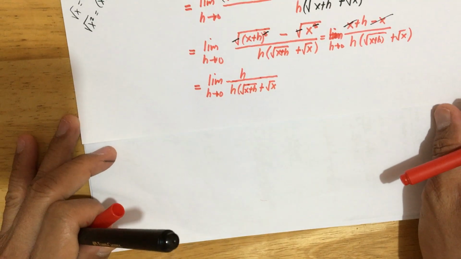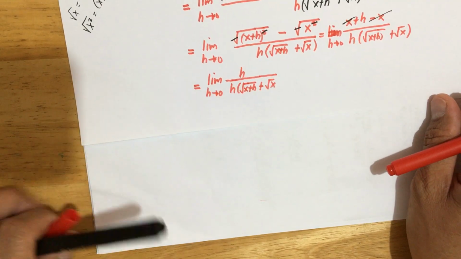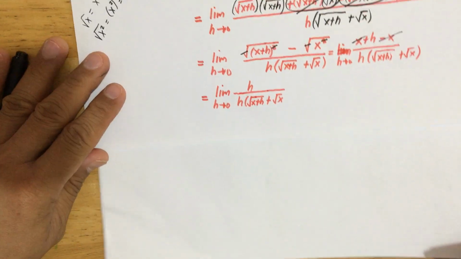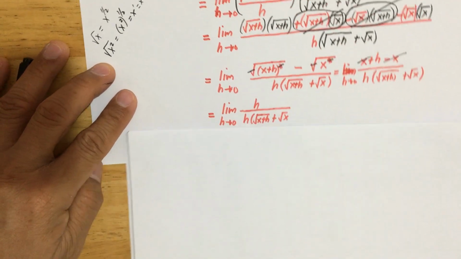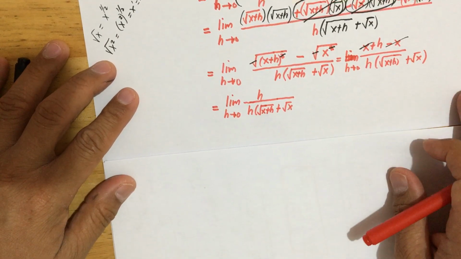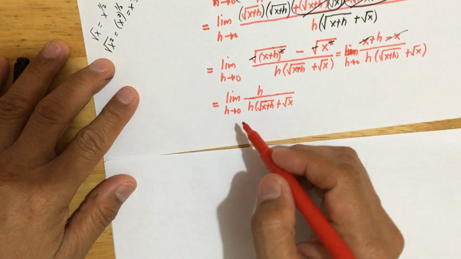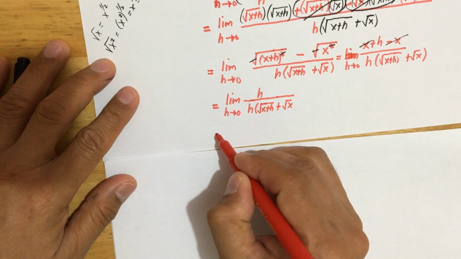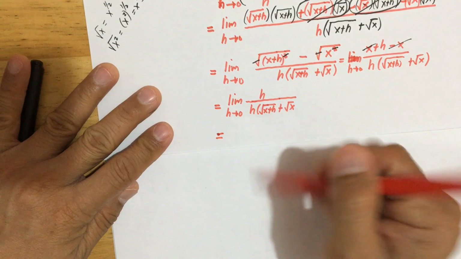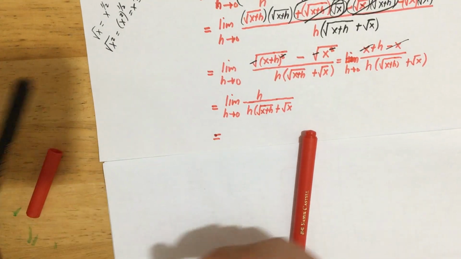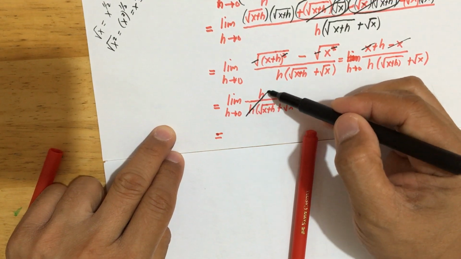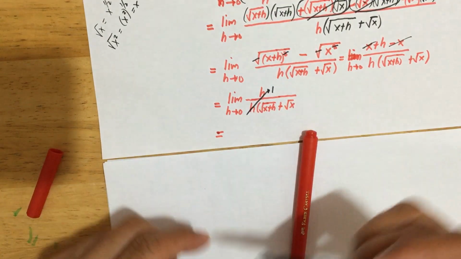So if you look at the numerator, class, we have h at the numerator and we also have h at the denominator, so h divided by h is just 1.